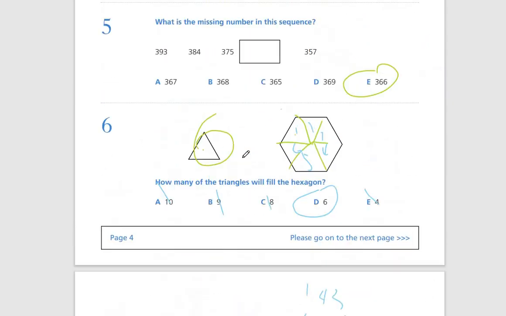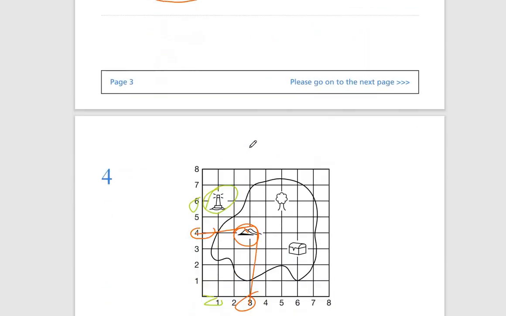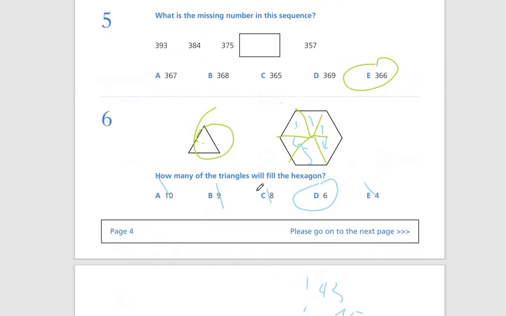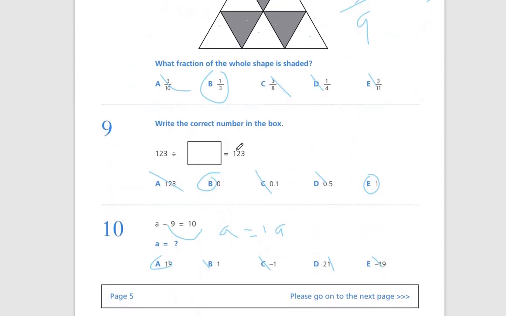Oh, I don't know where it is. It's not there. Not there. Not there. Oh, this one. That's the one. Question 9.